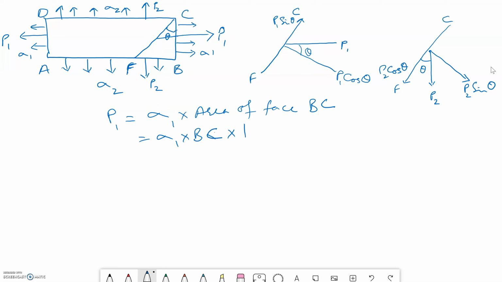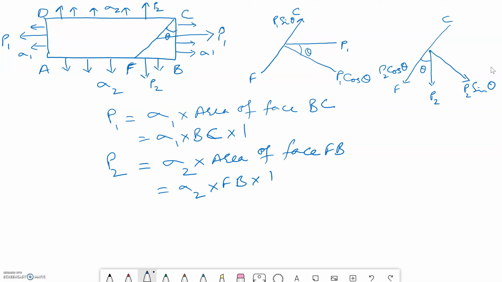Now similarly, tensile force on face FB, if you look at P2, it will become sigma 2 times area of face FB, which is equal to sigma 2 times FB times 1.